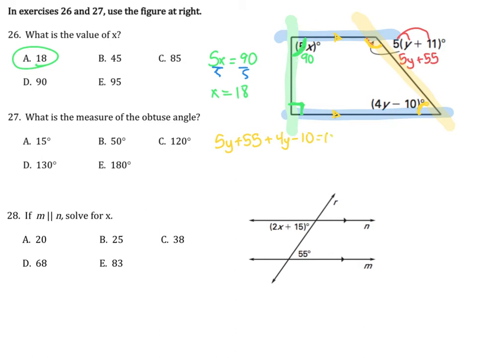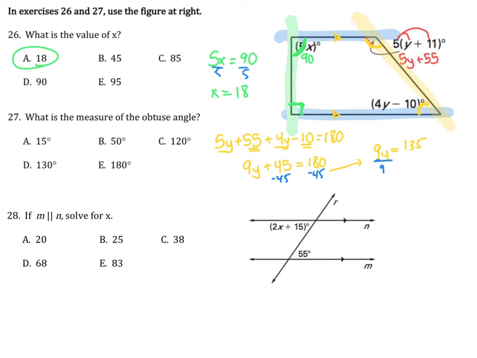All right, here's the equation. If I combine my y's, I end up with a 9y, and combining 55 and negative 10 gives plus 45, equal to 180. When I subtract the 45 from each side, my equation says 9y is equal to 135.